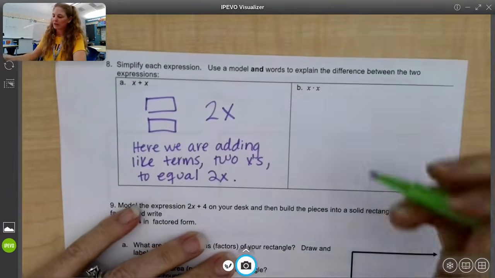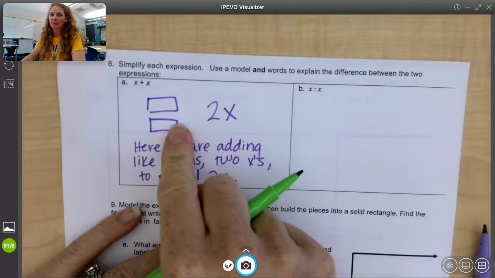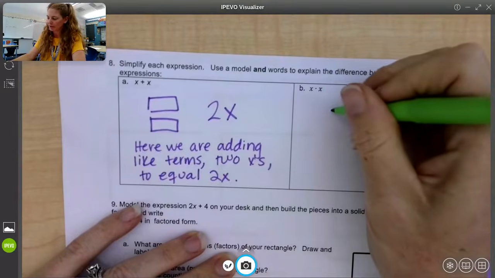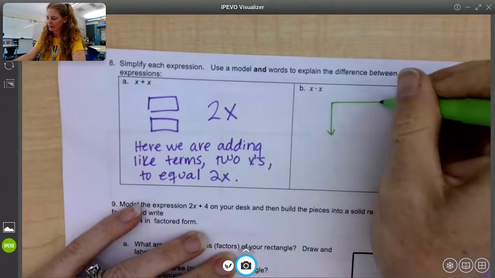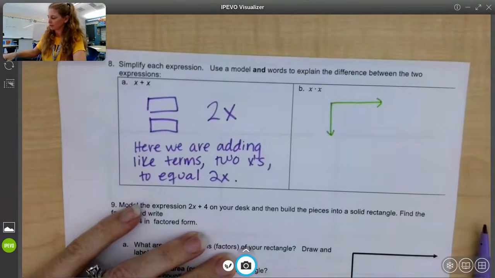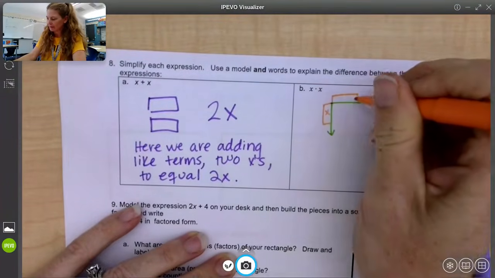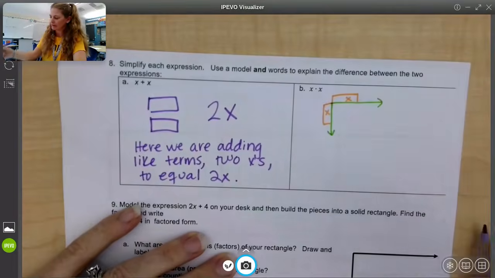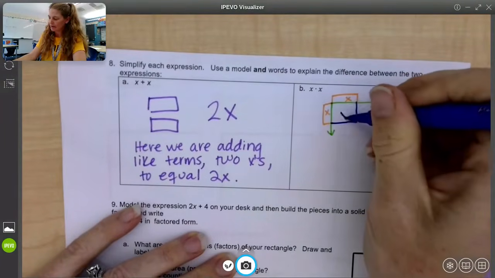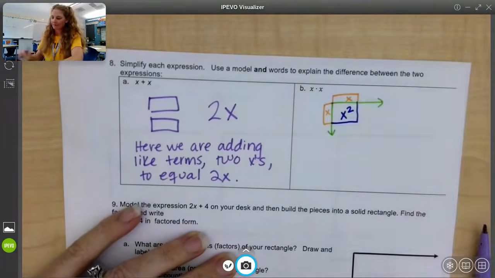However, over here, we can't just have a chip or tile model or an algebra tile model. We need an array to show that x times x gets you x squared.